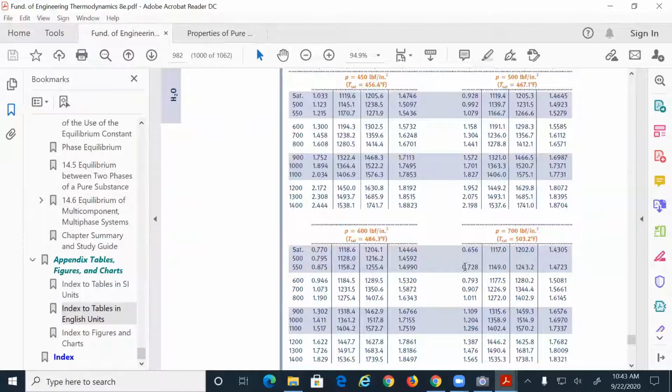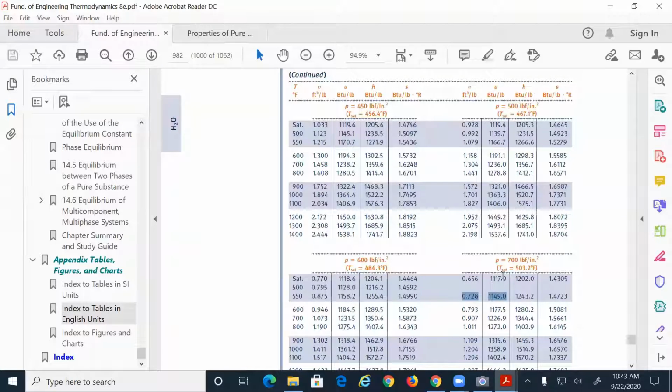So V1 would be 0.728, and U1 would be 1,149. So we find V1 equal to 0.728, U1 equal to 1,149. This would be BTUs per LB. And make sure you write down the units, and V will be cubic feet per LB.